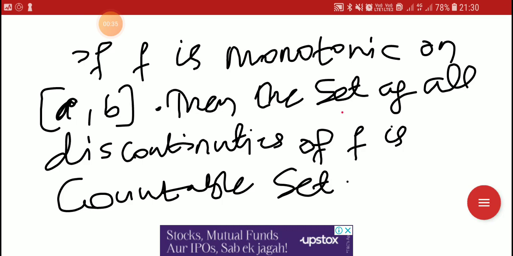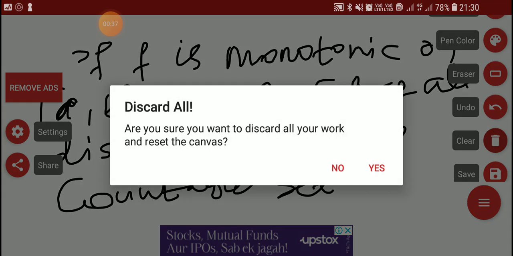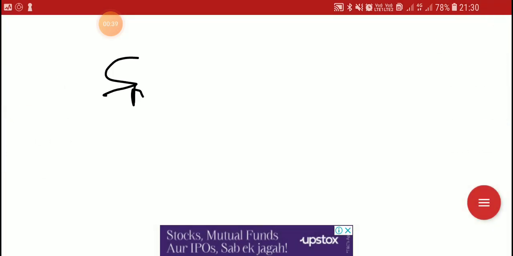Let Sm be the set of all points in [a, b] at which the jump of f exceeds 1 by m.